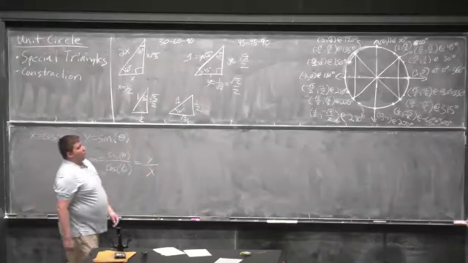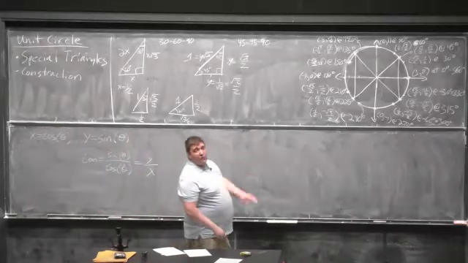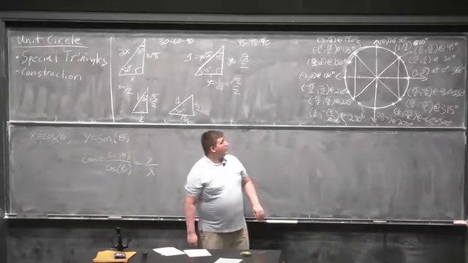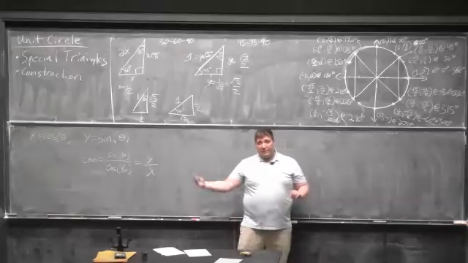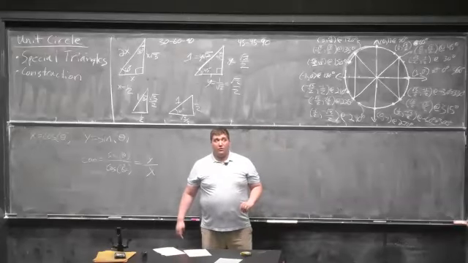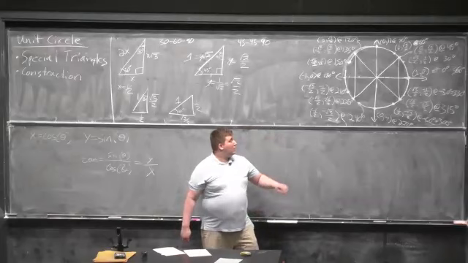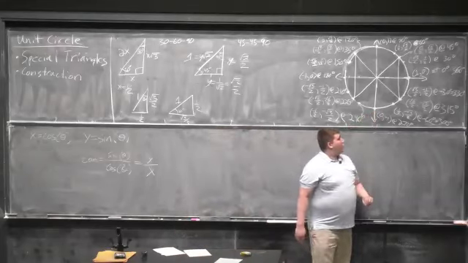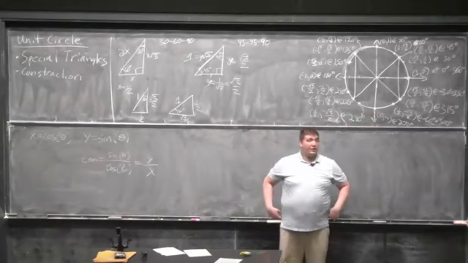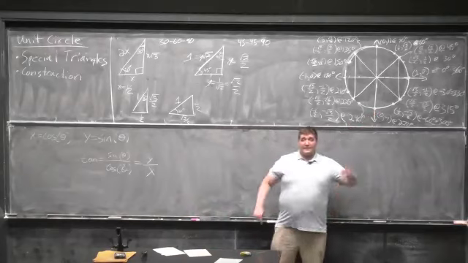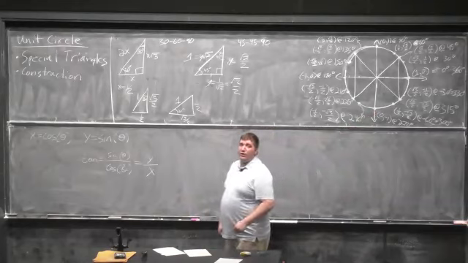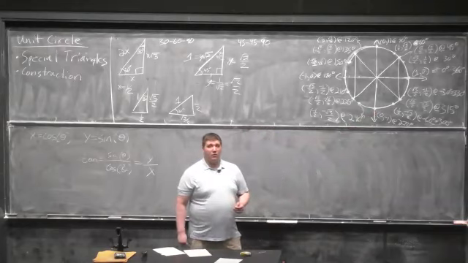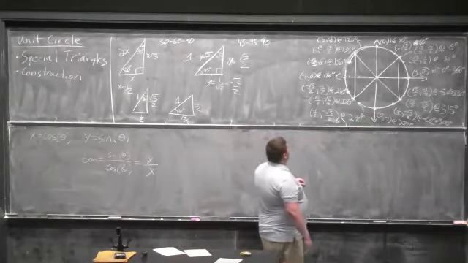Meaning, I now know tangent of 45 degrees. That's square root 2 over 2 divided by square root 2 over 2. That's 1. Here, what's tangent of 170 degrees? Well, that's 0 divided by negative 1. That's 0.